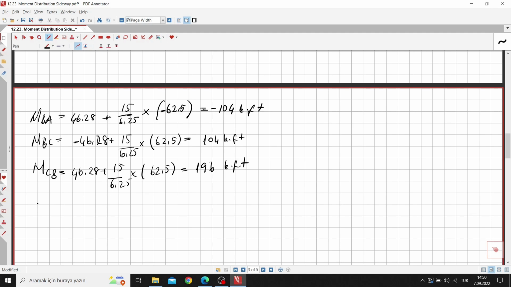And for the moment CD is equal to minus 46.28 plus 15 over 6.25 times minus 62.5 is equal to minus 196 kip-feet.